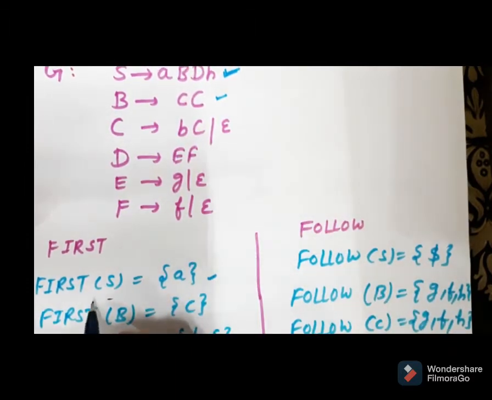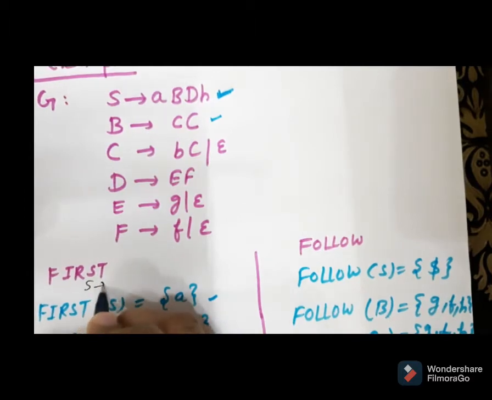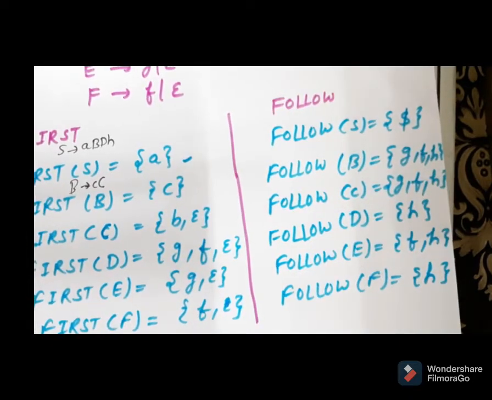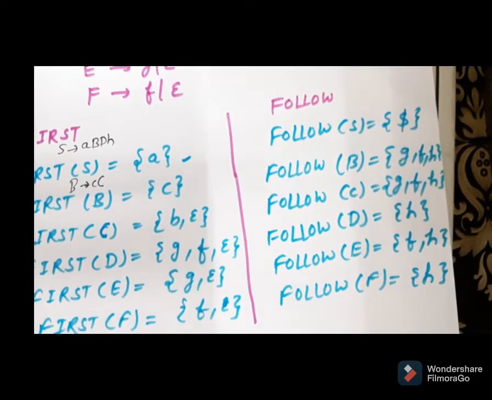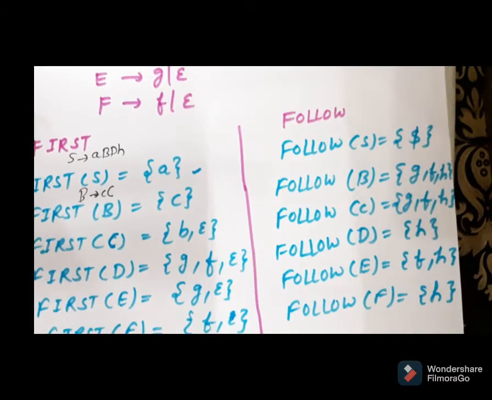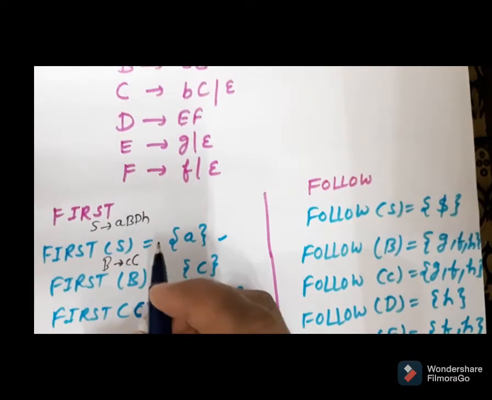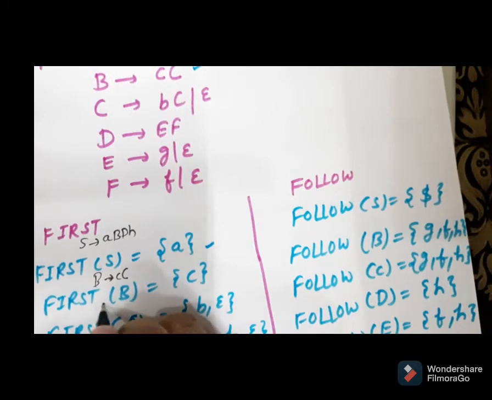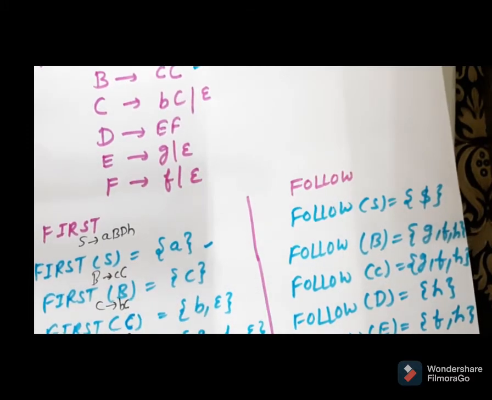B tends to CC. Here I get with the help of B tends to CC, and here I get with the help of B, D, H. So I calculated with the help of B tends to CC. So here I will write B tends to CC. And now first of C. First of C I calculated with the help of which production? T tends to BC.